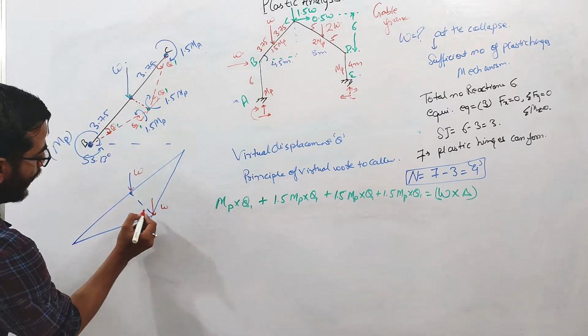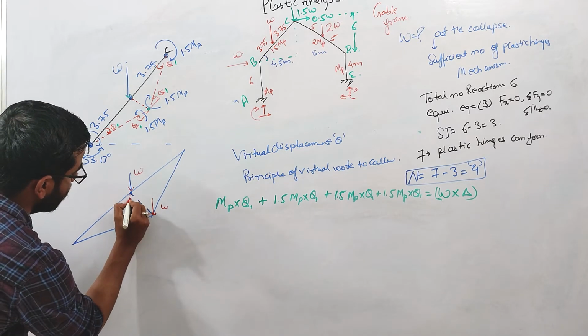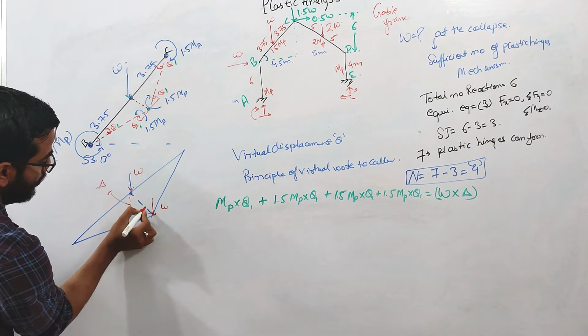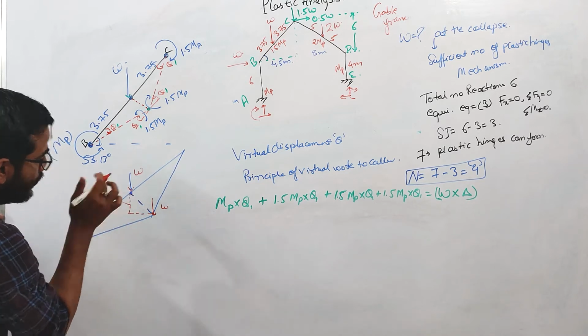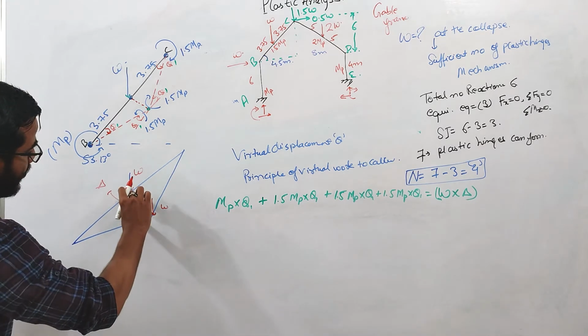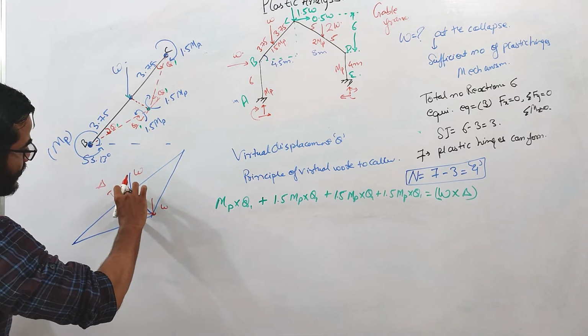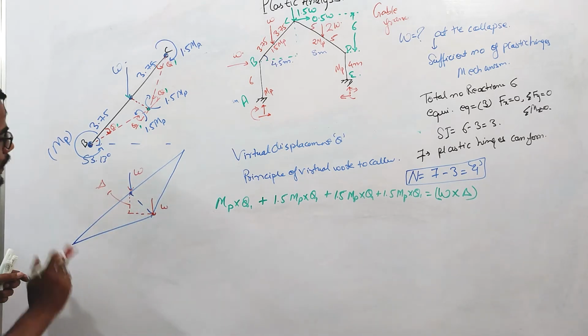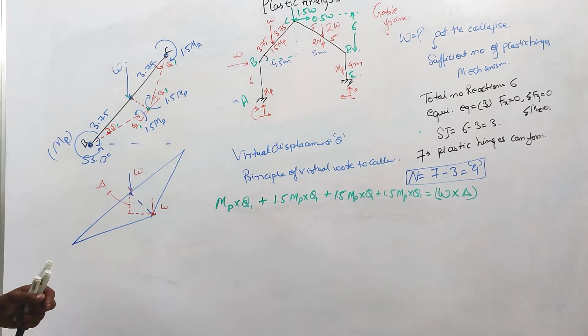We need to calculate this delta, the displacement along the load. Between these two points, this delta is the vertical difference. So work done will be W into delta. Remember that.